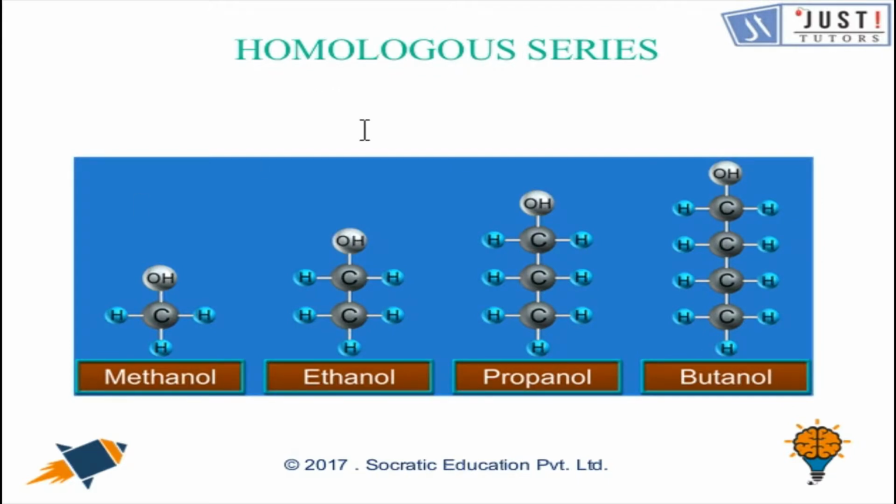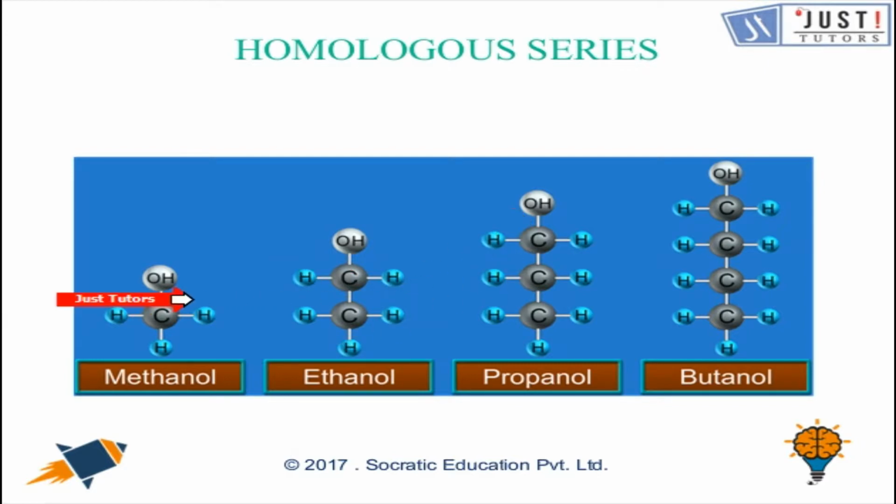By looking at this series, can we see some similarity? In methanol, ethanol, propanol, butanol, we can get the second element of the series by adding CH2 to the first. In the same way, if we add CH2 to the second, we get the third one.